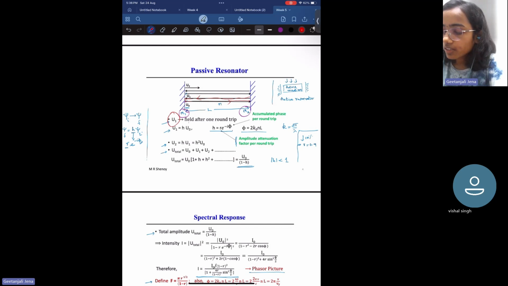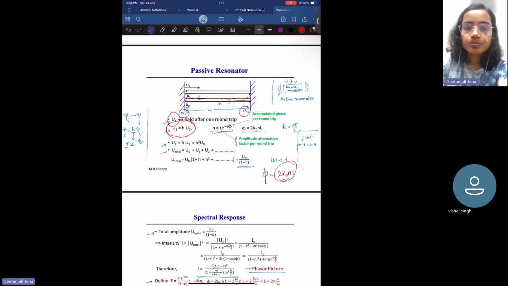You can write U1 as H times U0. H can be written in terms of the amplitude attenuation factor R and the accumulated phase during one round trip. The phase, as we have already seen, can be written as 2 times K0 NL. So this is the phase formula.